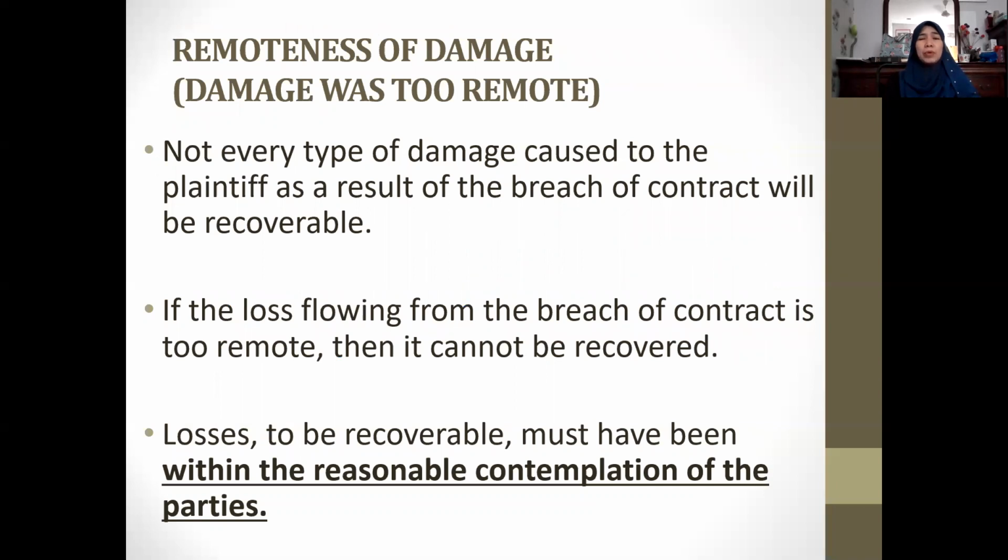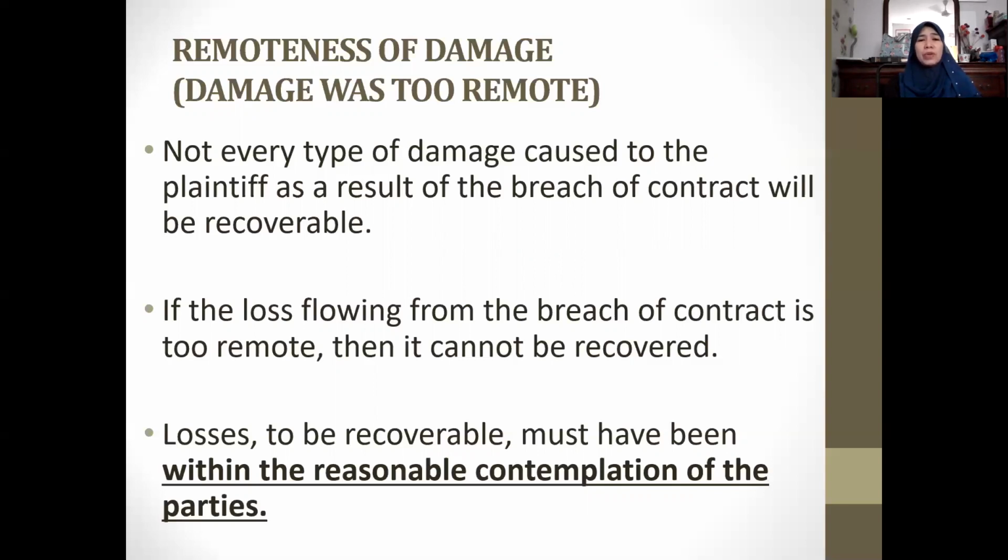Okay, the subtopic that we want to discuss now is also relevant to the second limb just now, the concept of remoteness of damage, which is that the damage was not too remote, because if the damage was too remote, then it's not claimable, the claim won't be allowed by the court. So not every type of damage caused to the plaintiff as a result of the breach of contract will be recoverable. If the loss flowing from the breach of contract is too remote, then it cannot be recovered. It has to be proved not to be too remote.